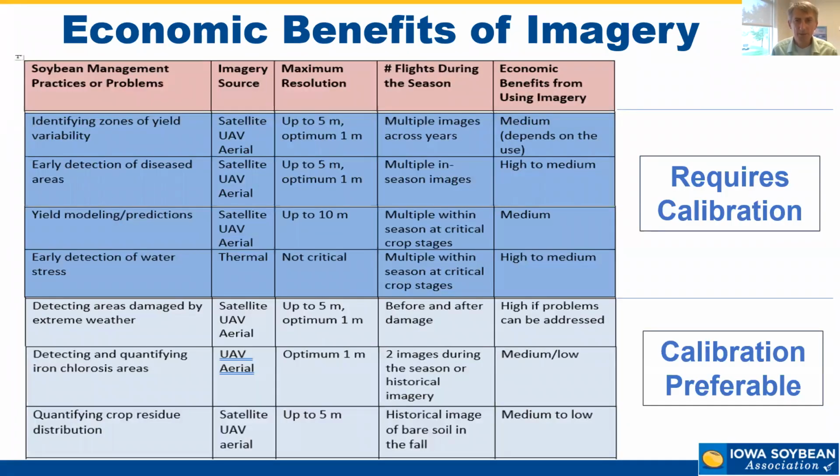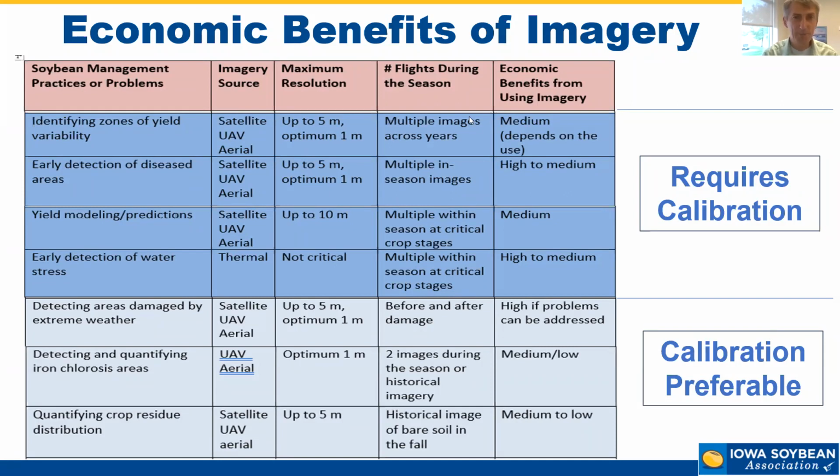In the end, I want to mention why it's important and when calibration is needed or critical. This is the table from last year's ICM conference where we listed different practices where calibration is needed or required. This is just for soybean, but it's the same for corn.